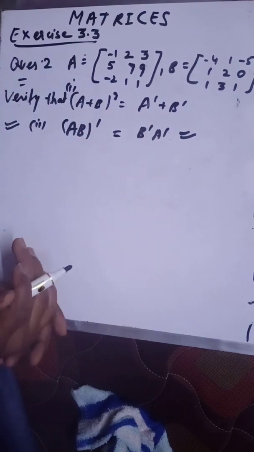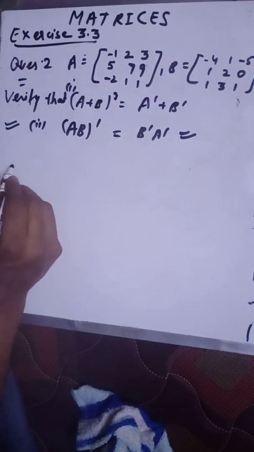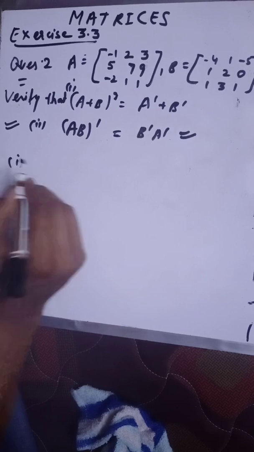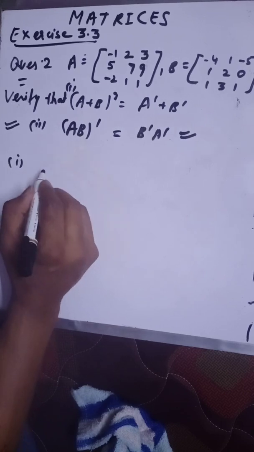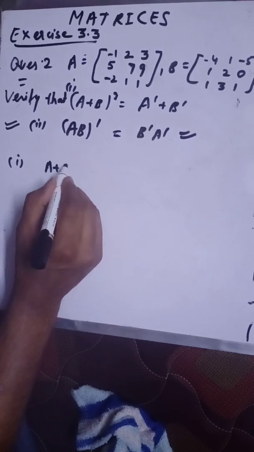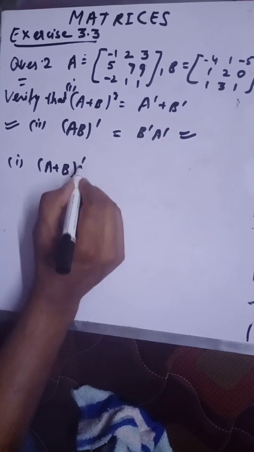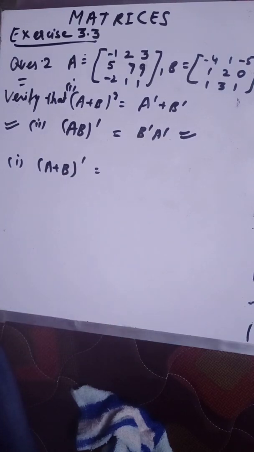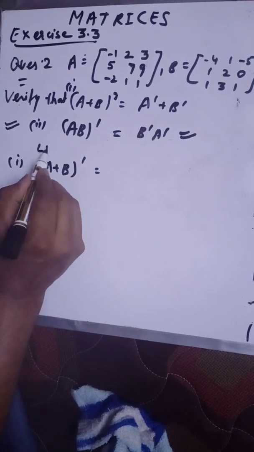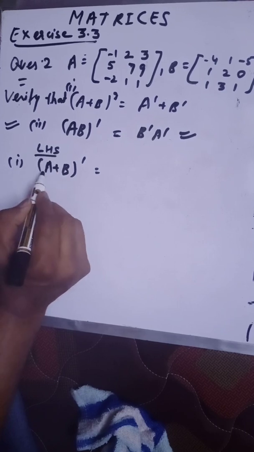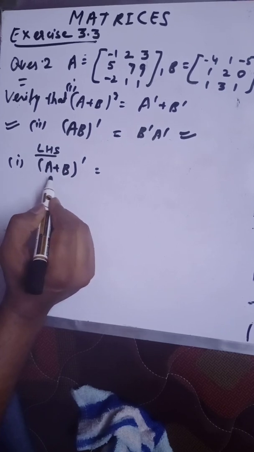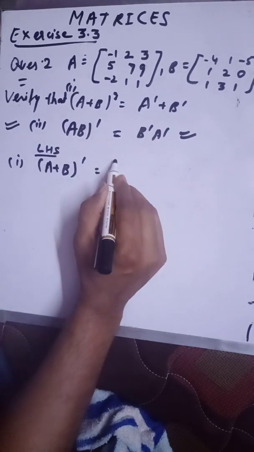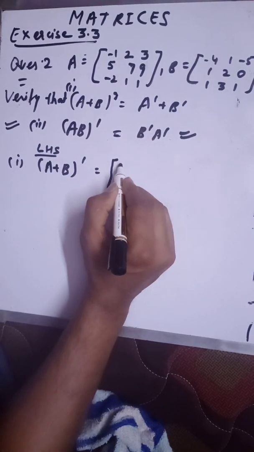See, in the first part, (A plus B) and this whole transpose is given to us. Fine. So we are taking the left hand side first of all. In the left hand side we have to find out the sum of two matrices A and B. So here I am writing the sum of these two matrices.